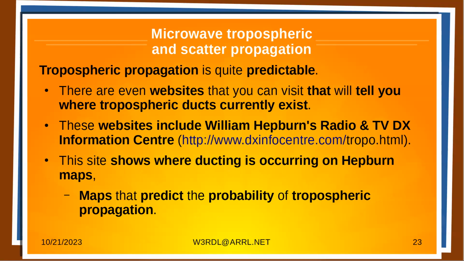they claim that it's fairly predictable. There's some websites that you can go to. One of them is William Hepburn's Radio and TV DX Information Center. And he produces Hepburn maps, which is the key. You have to remember what a Hepburn map is. It predicts the probability of propagation in the troposphere.